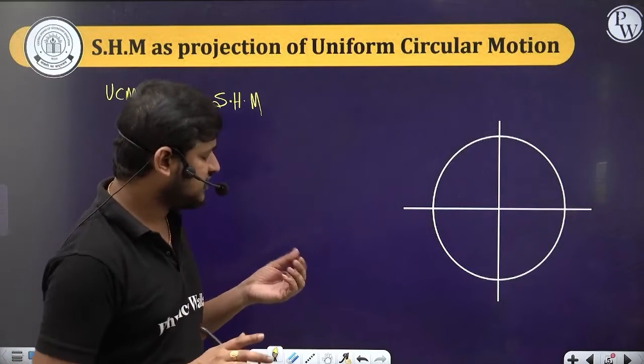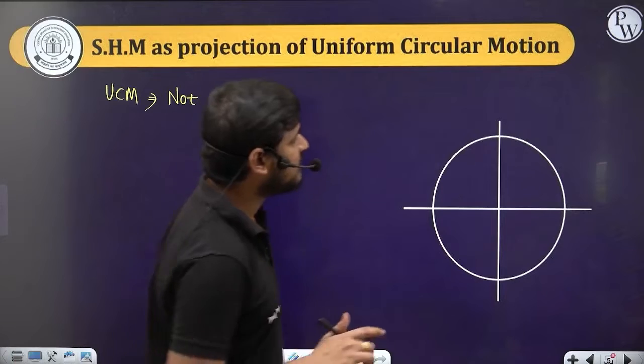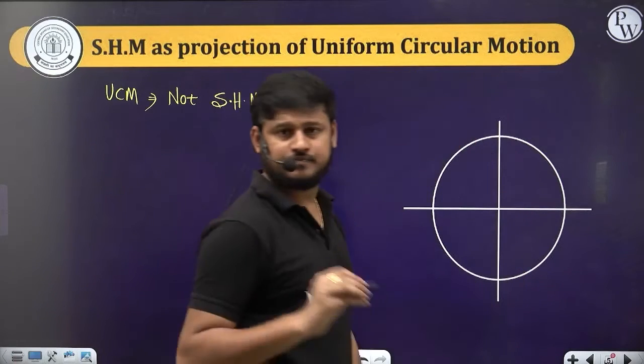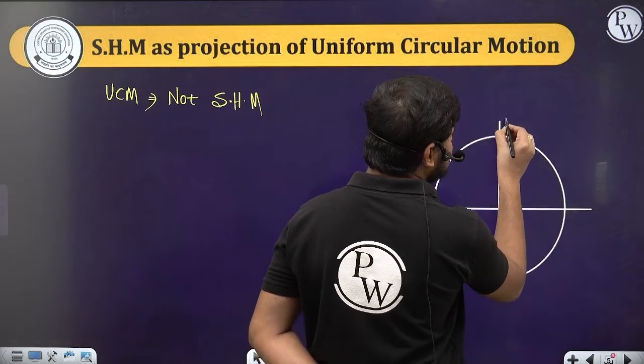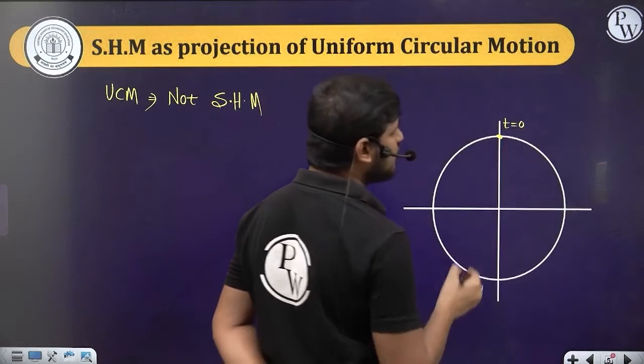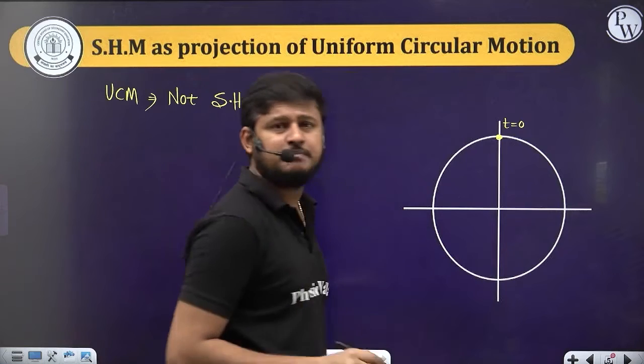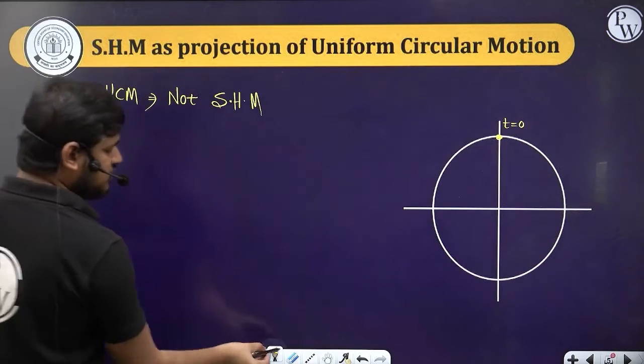But the projection of uniform circular motion, let me tell you. Let's say at time t equals 0, a particle P is making uniform circular motion.